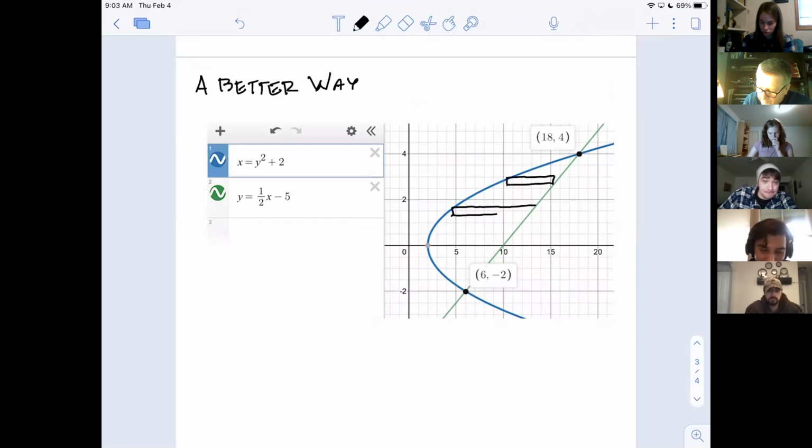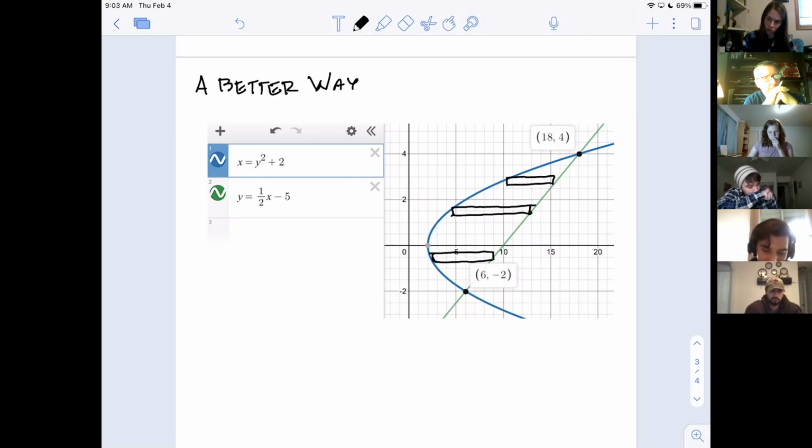Why do the rectangles always have to be vertical? Why can't the rectangles be sideways?